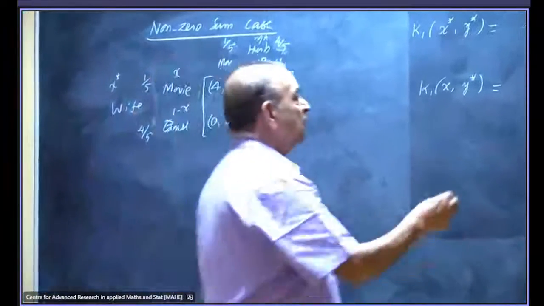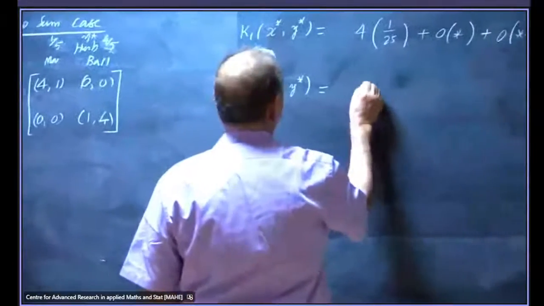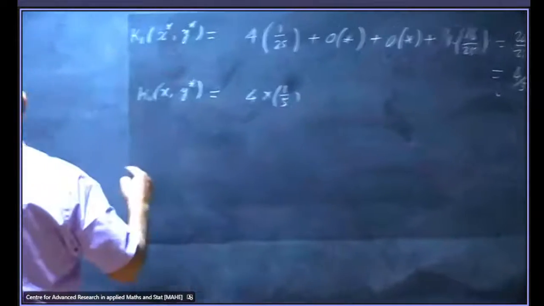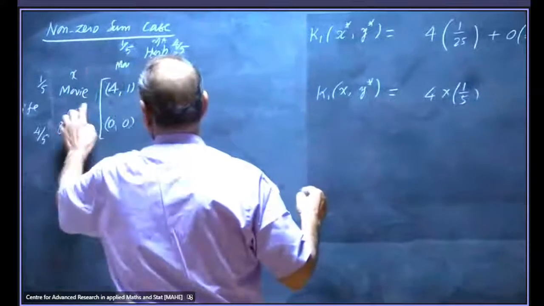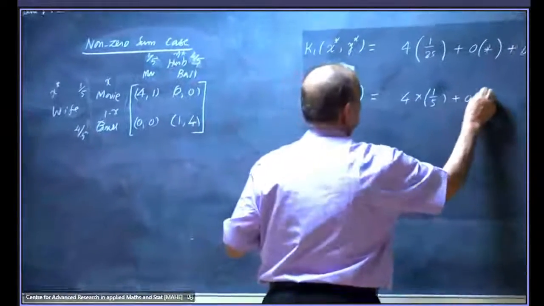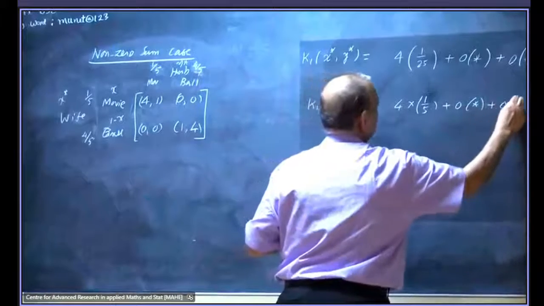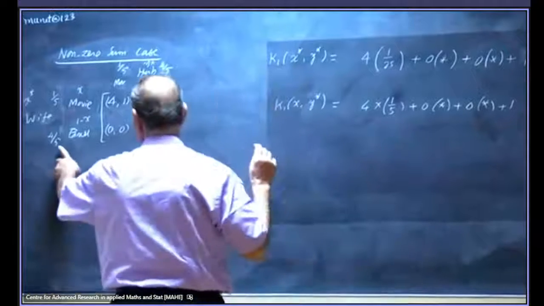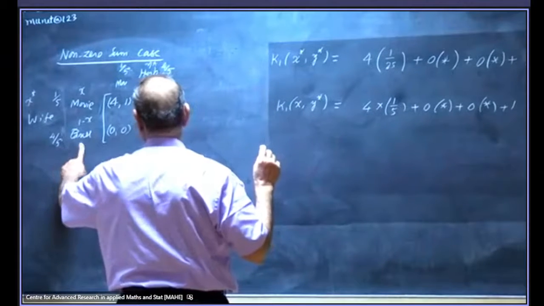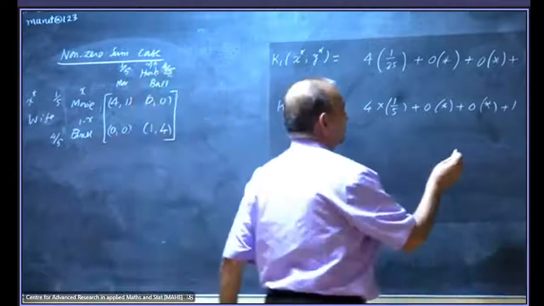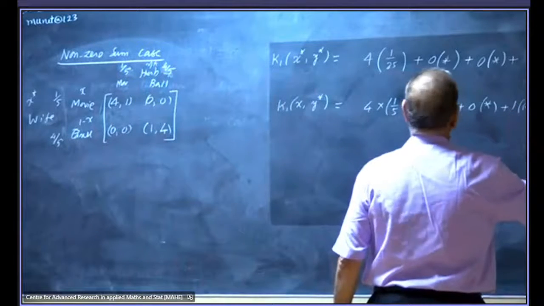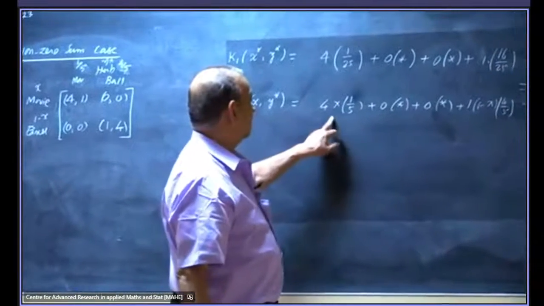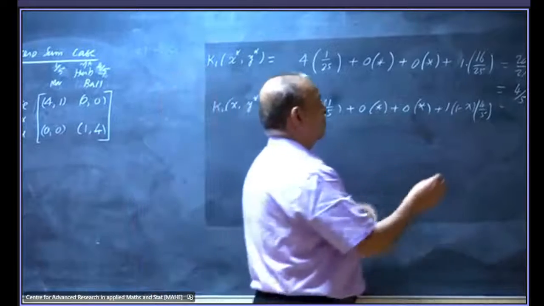So that is going to be 4 times x times 1/5, plus 0 times, I don't care what it is, plus 0 times, I don't care what it is, plus 1 times 1 minus x times 4. But this is the same again as 4/5.